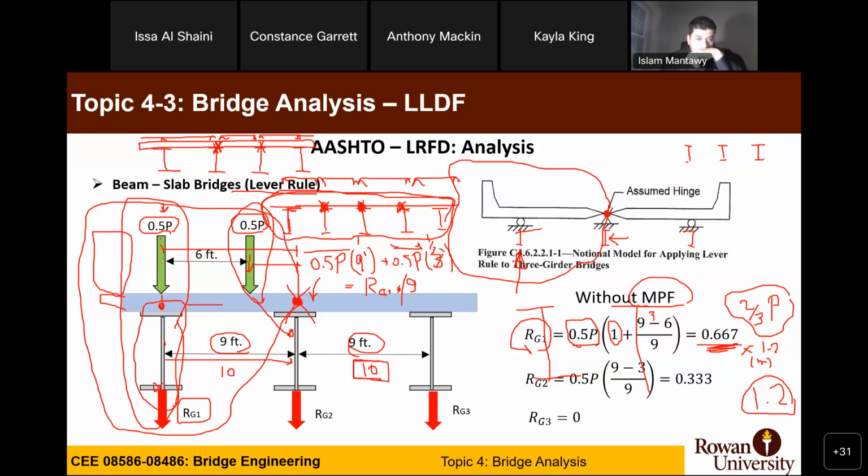And this axle load is 1 foot away from the exterior on this side. So you start from here, 1 foot, and you count the 6 feet from this point, right? Now, how much will be your multiple presence factor? Live load distribution factor, sorry. Just take a couple of minutes, maybe sketch something and send it in chat.